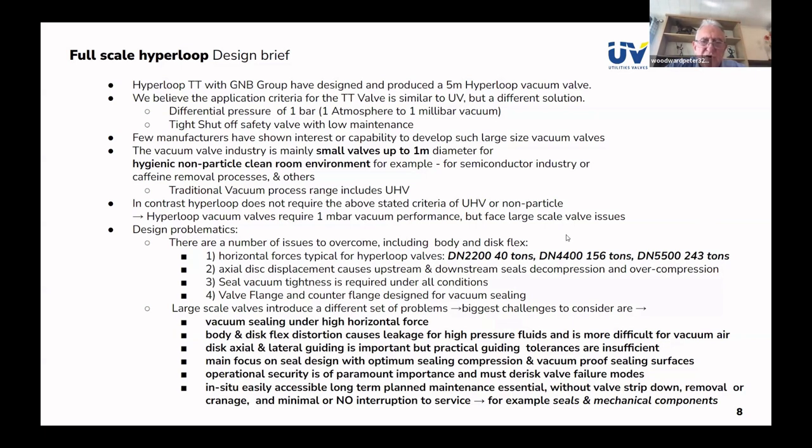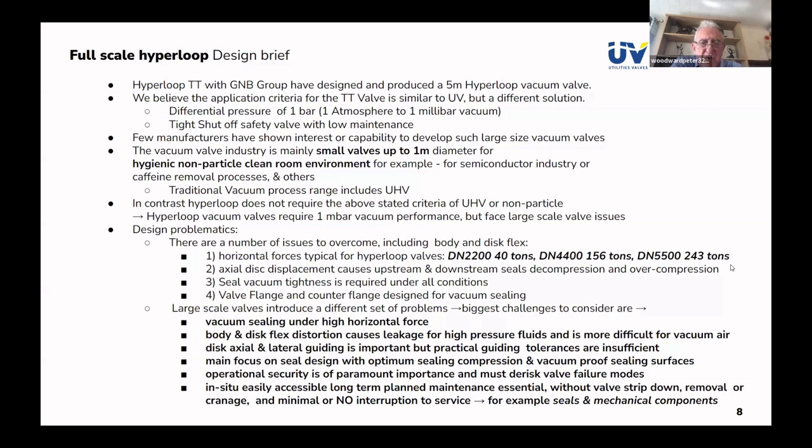The horizontal forces, which are typical for Hyperloop valves, and the DN 2.2 meter now, which is the one we have developed so far, it's 40 tons horizontal force acting on the door, even though it's only 1 bar differential pressure. The surface area provides that sort of force. And as you go up in size, you can see the corresponding much higher forces involved.